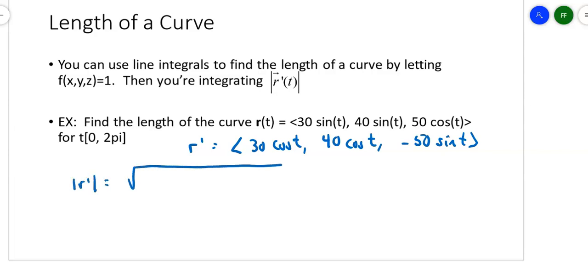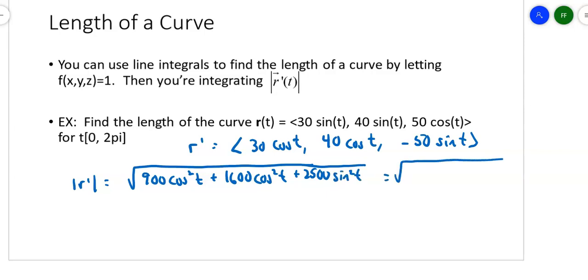is going to be the square root of the first term squared. So 30 squared is 900, so 900 cosine squared t, then 1600 cosine squared t, and then when I square a negative, I get a positive, so plus 2500 sine squared t. Oh, look how nice this works out.